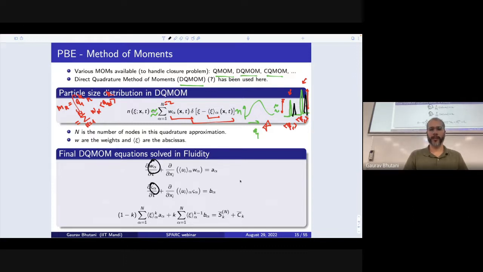Well, this is the weighted abscissa. So this sigma alpha is w alpha times xi alpha. So the overall mathematical problem now becomes, rather than tracking n or actually one of its moments, we're tracking weights and abscissas. And if you have these weights and abscissas, you can find any moment out of them, right? Because a moment is a function of weights and abscissas.